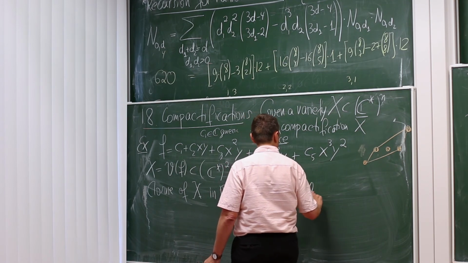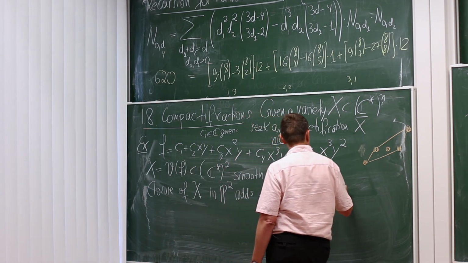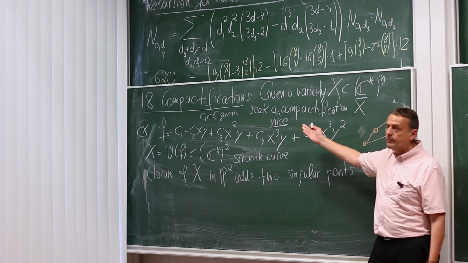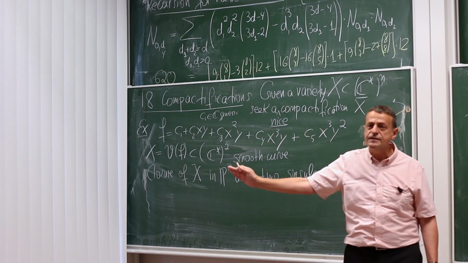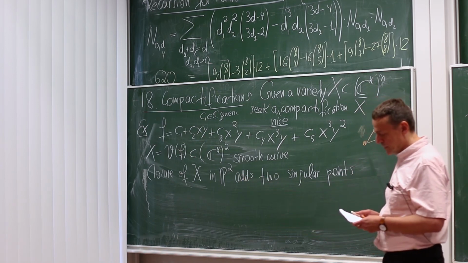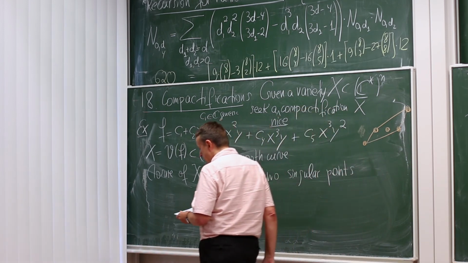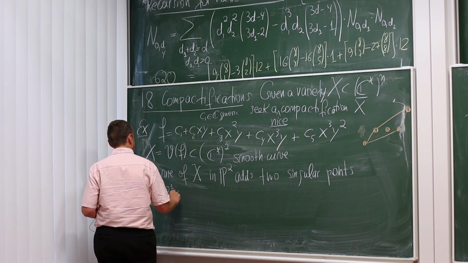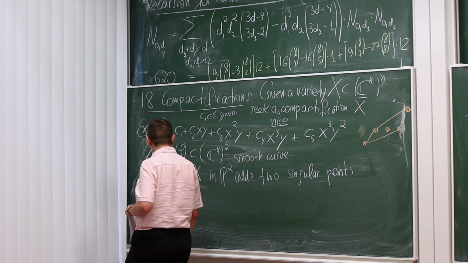It adds 2 singular points. Right? You glue in 2 more points, but this projective curve is very singular at those 2 points. You can make a calculation, and these are very singular. Well, the other thing you can do is you could compactify, for example, not in P2, but in P1 times P1.